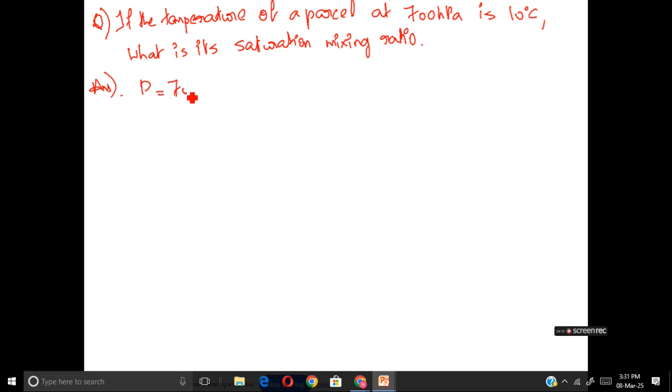The temperature of a parcel at pressure equal to 700 hectopascal is given as 10 degrees Celsius, or 283 Kelvin.